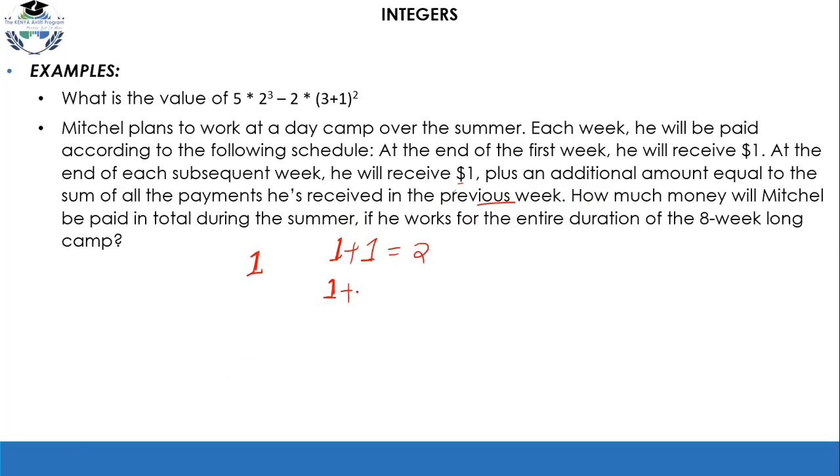So week 2 here is going to be paid $1 plus what he was paid in week 1, which is $1, so $2.